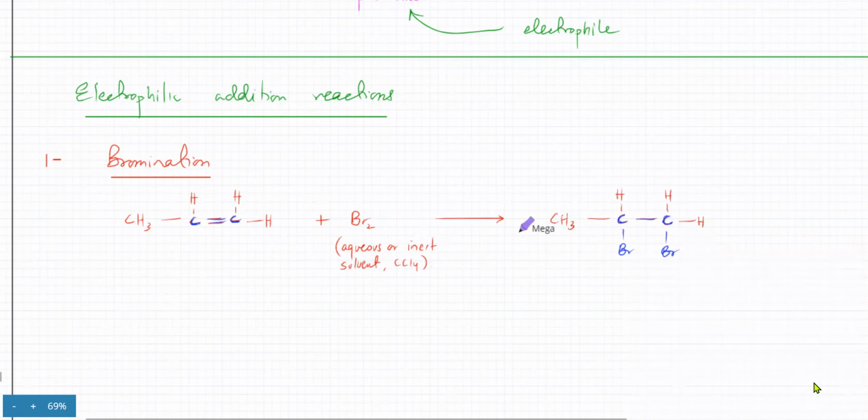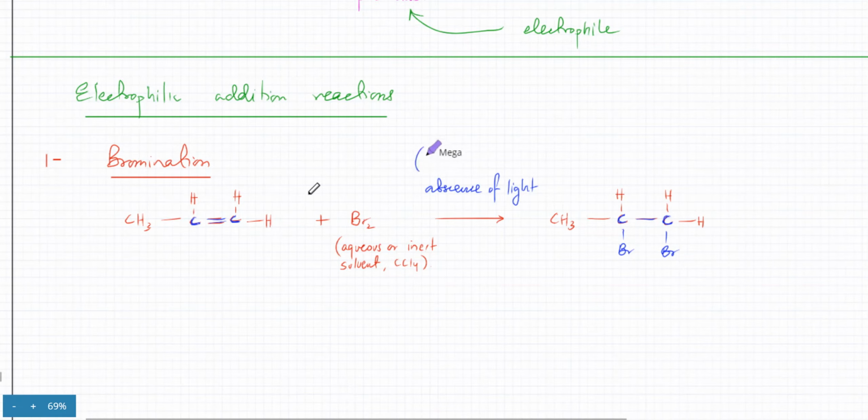And the only condition that is needed is absence of light. Because with light, you get free radical substitution. I mean, you get free radicals, bromine forms a radical, and all these random hydrogens, they get substituted.